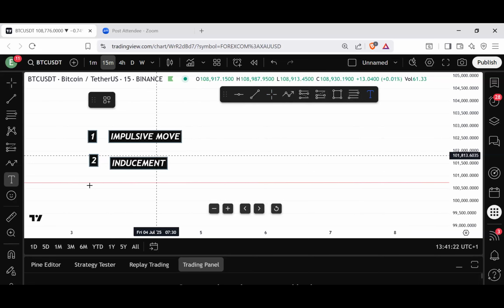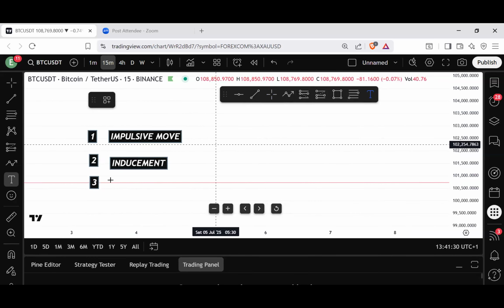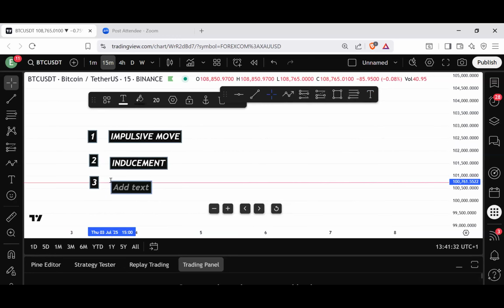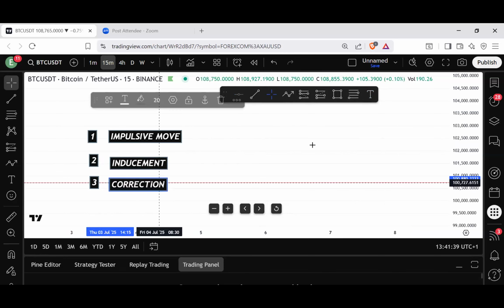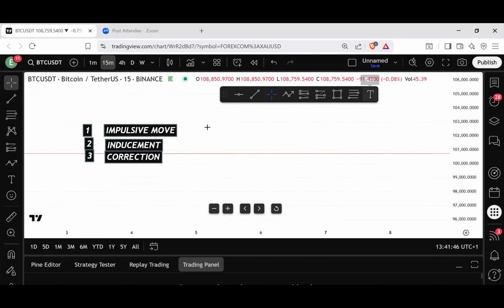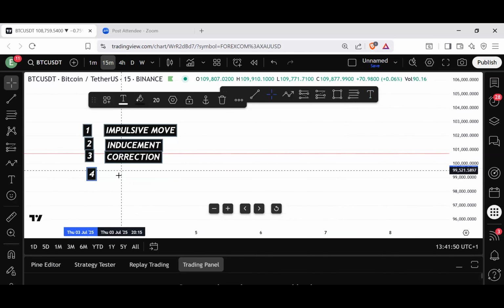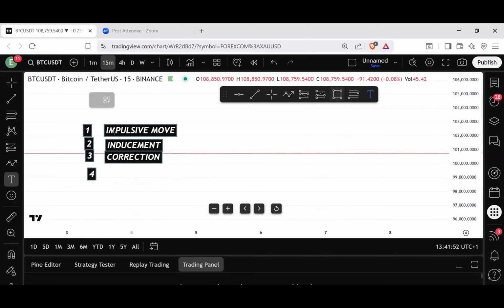Then next will be correction. And the next is continuation.